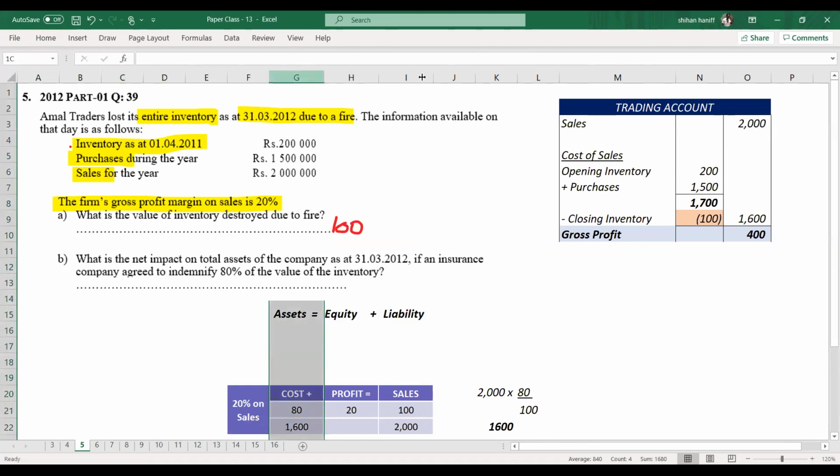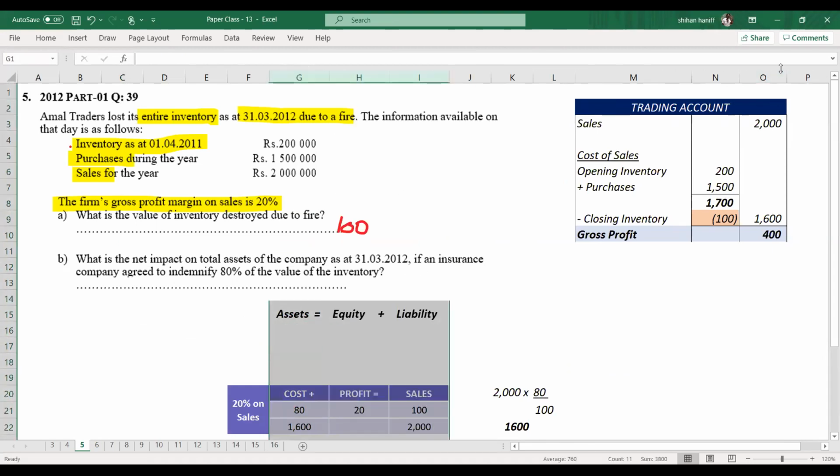So this is the equation. What is the net impact on total assets?